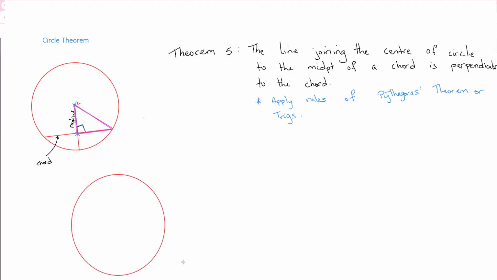So let's say you have a chord. You know a chord could be in any direction, so it's not specifically in this direction that I draw it.